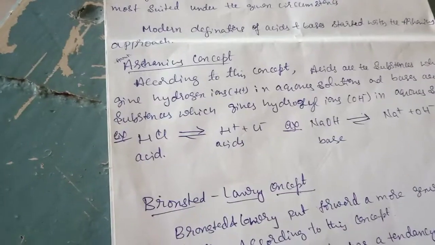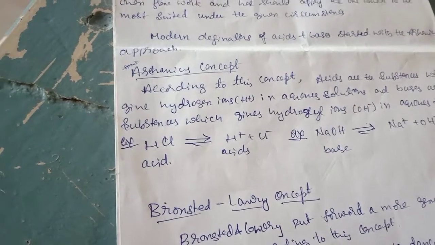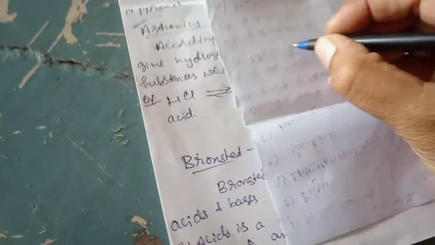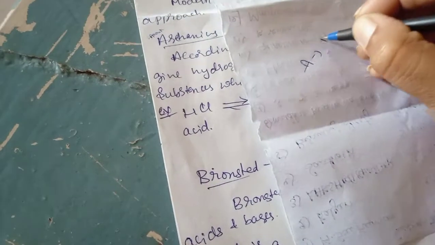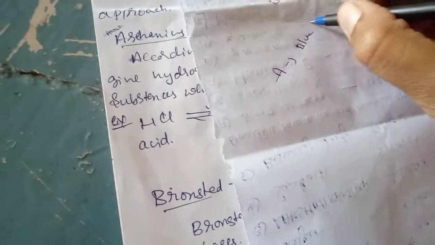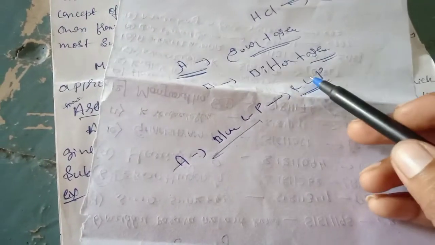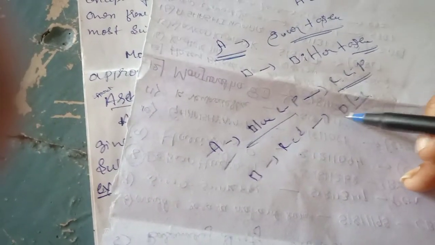If the solution is an acid, blue litmus paper turns red. Blue to red conversion is called acid. What about a base? A base turns red litmus paper into blue. Red to blue.